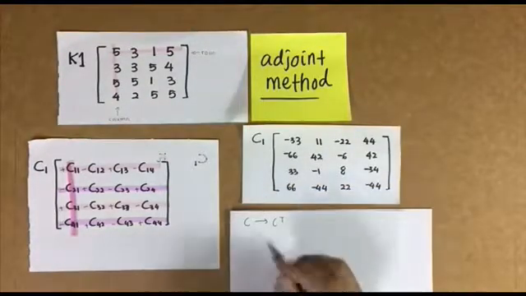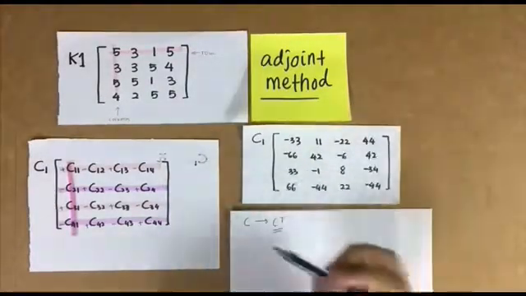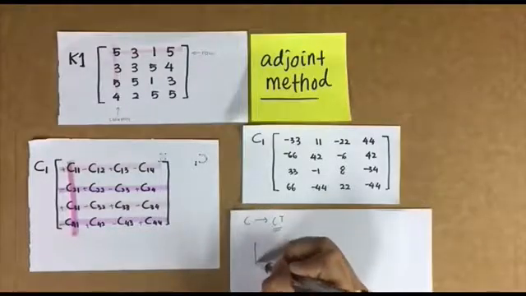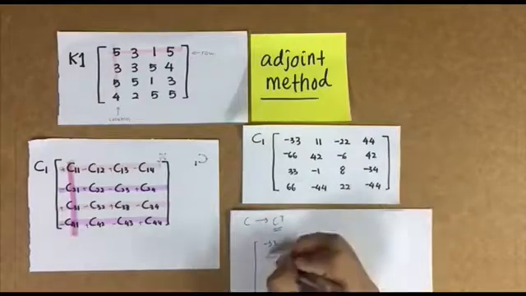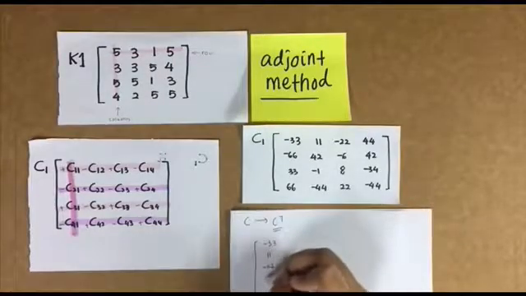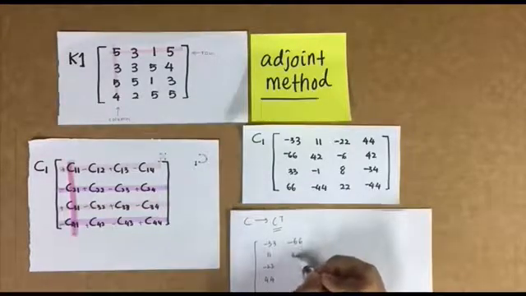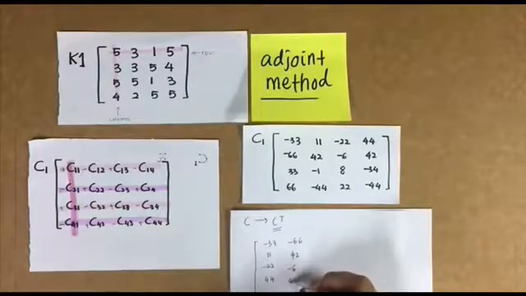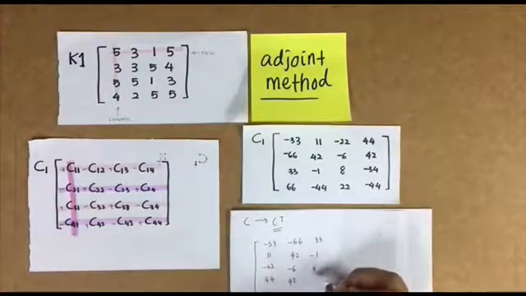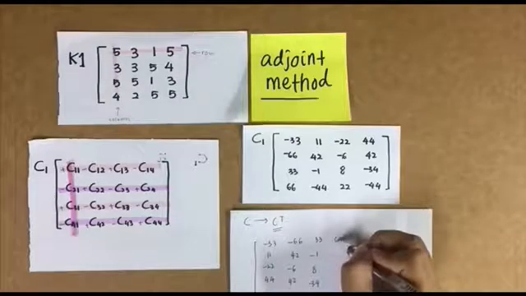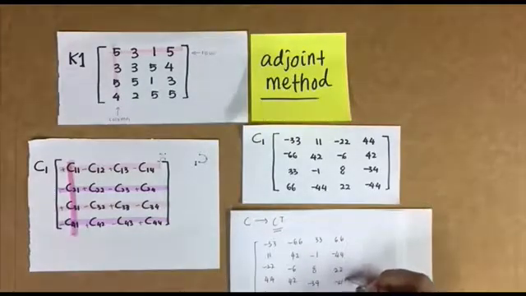In order to find the C transpose, we need to change the first row into the first column, so negative 33, 11, 52, 44, negative 66, 42, negative 6, 42, 33, negative 1, 8, negative 34, 66, negative 44, 22, and negative 44.